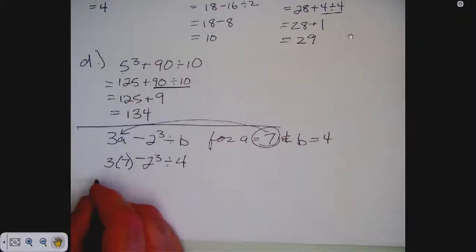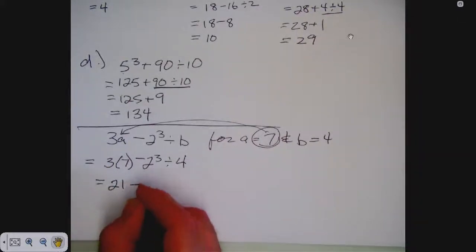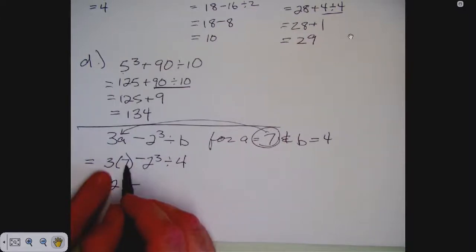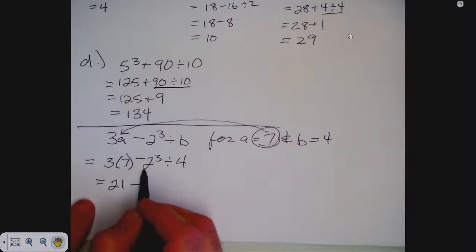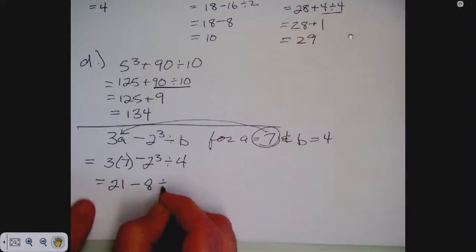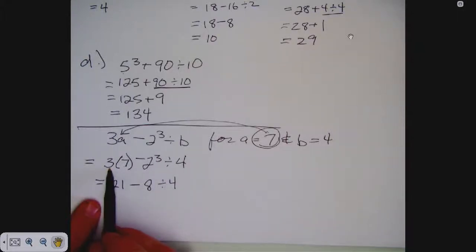This is going to be equal to now 21 minus, technically I shouldn't have done that yet, but it was okay. I should first do the exponent. 2 cubed is 2 times 2 is 4 times 2 is 8, and then divided by 4. I've already done the multiplication, which would have come next.